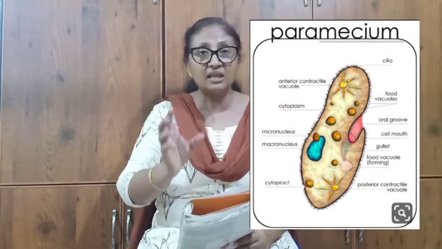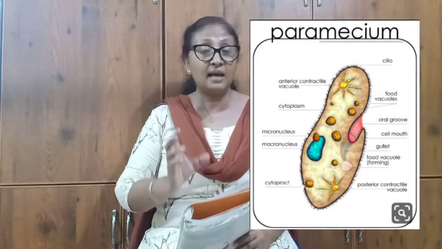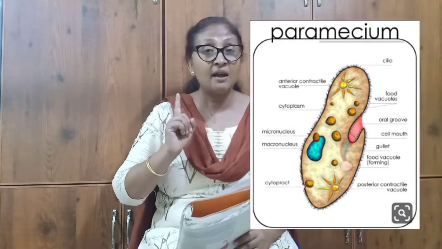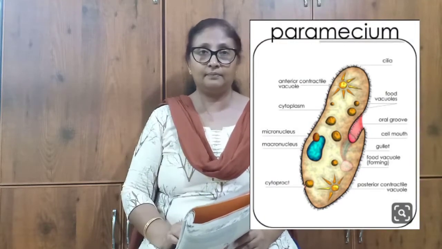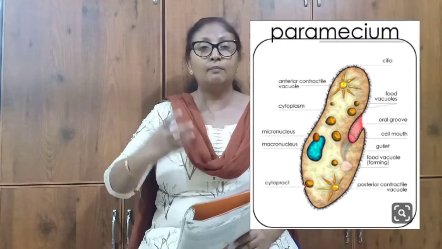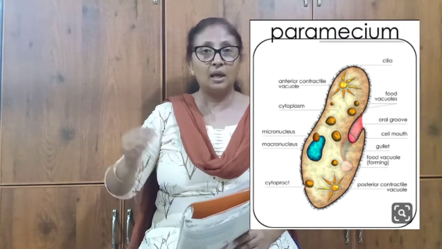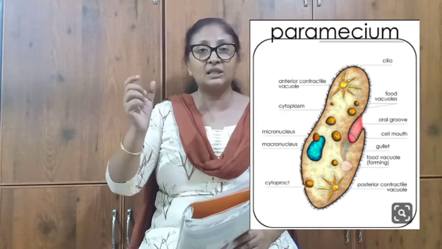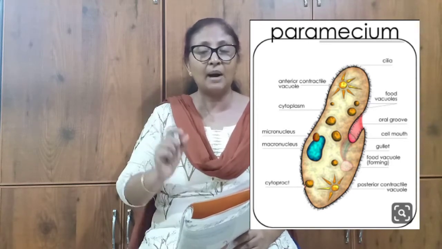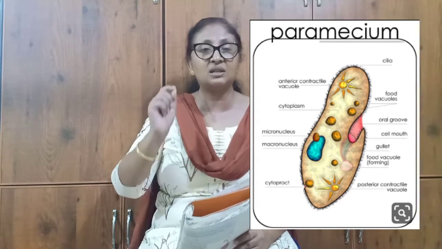There is another unicellular organism known as paramecium. In case of paramecium, it has a definite shape. It is a slipper-shaped organism. When the prey comes in contact with paramecium, it is brought towards a specific spot by small hair-like structures called cilia.